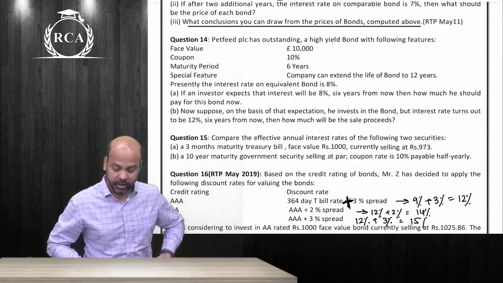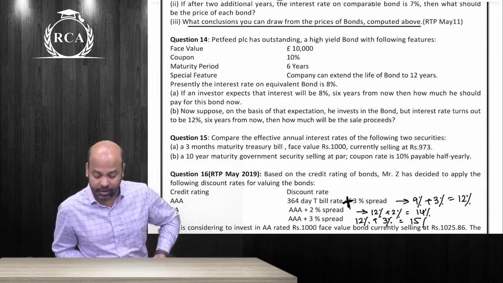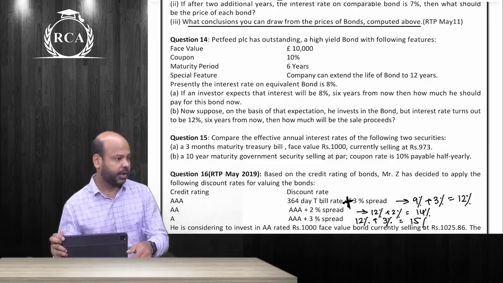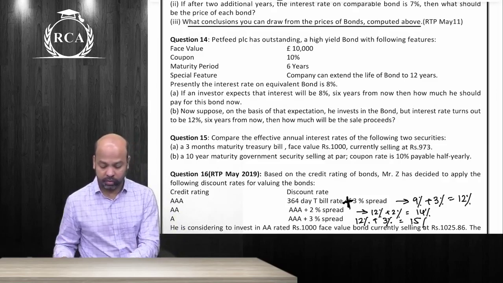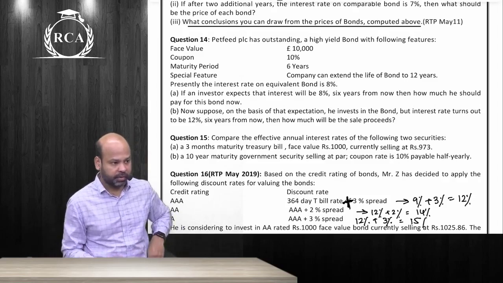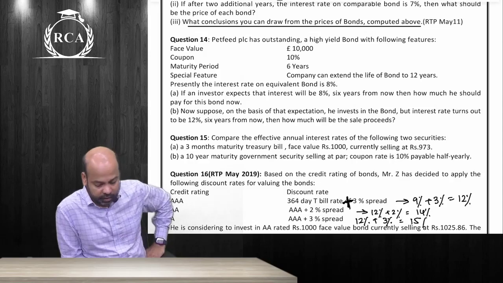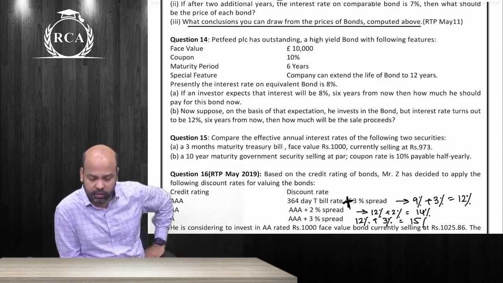Pet Feed PLC has outstanding a high yield bond with the following features. Face value is £10,000. Coupon rate is 10%. Maturity period is 6 years. Special feature: the company can extend the life of the bond to 12 years.